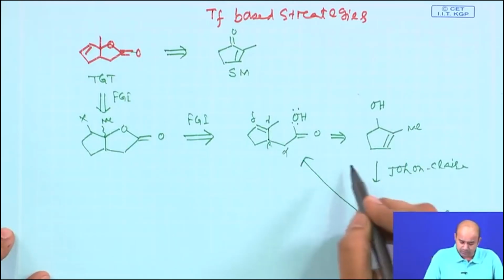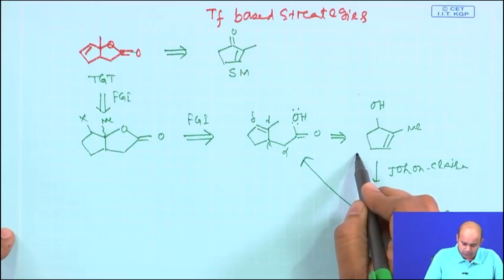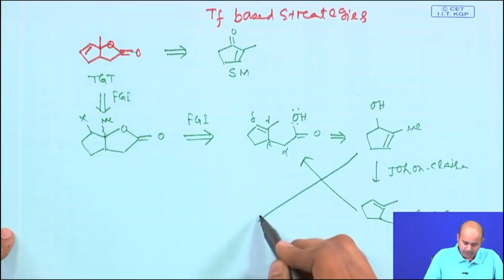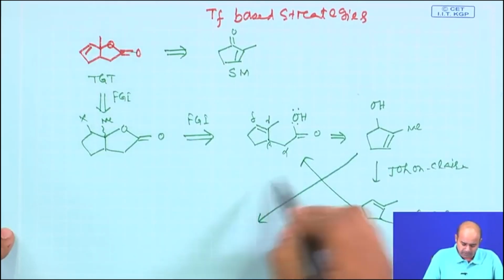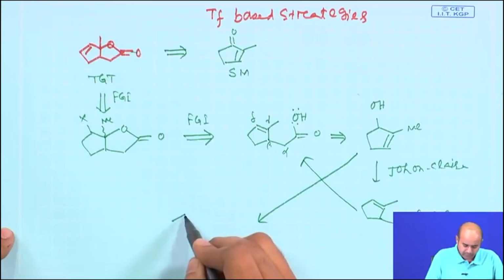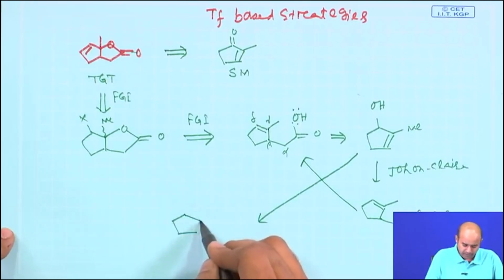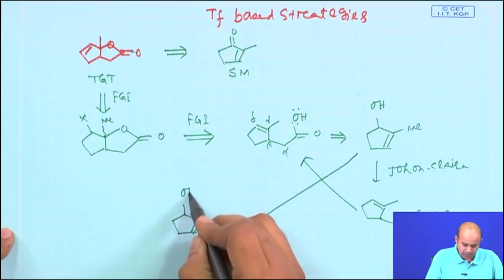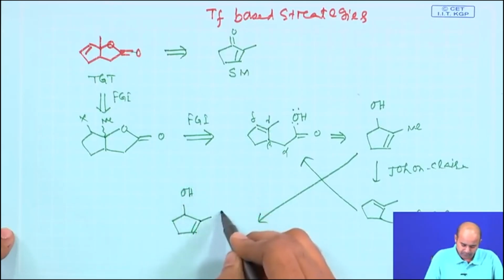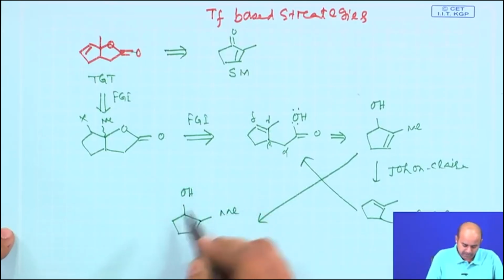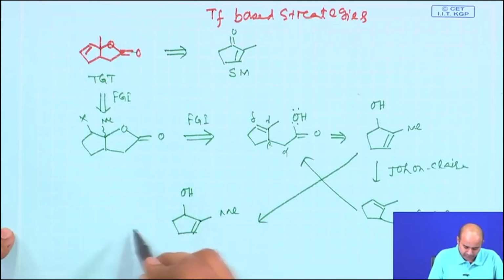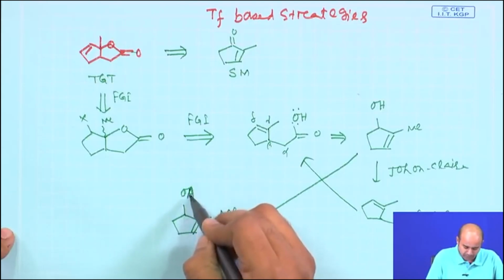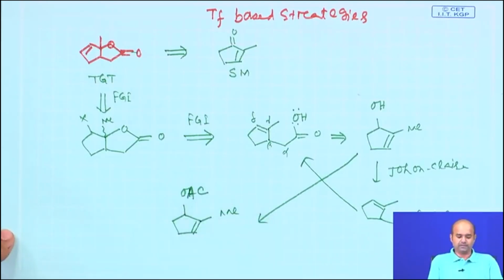Fine. Now, there are potentially other reactions which will also give you similar transformations. This reaction we will now be discussing. You take the corresponding allylic alcohol and put it as an acetate.